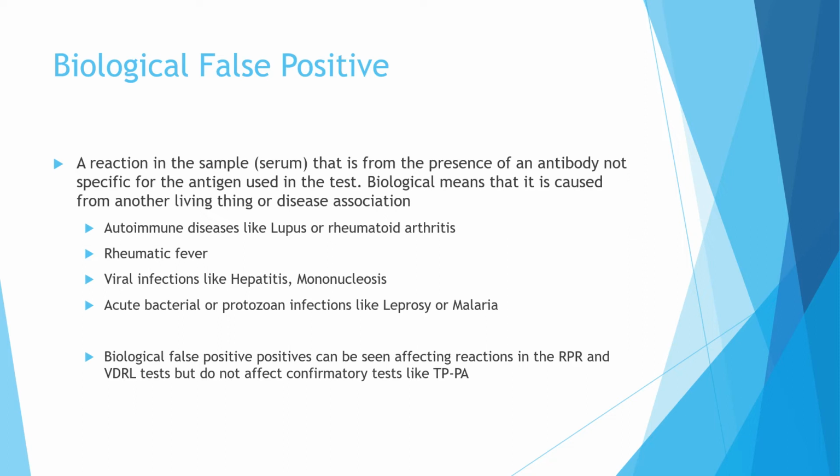You can also have rheumatic fever, viral hepatitis and mononucleosis, acute bacterial or protozoan infections like leprosy or malaria. Those can also cause biological false positives for your screening tests like RPR and VDRL. Okay? Biological false positives will not affect confirmatory tests like your TPPA.